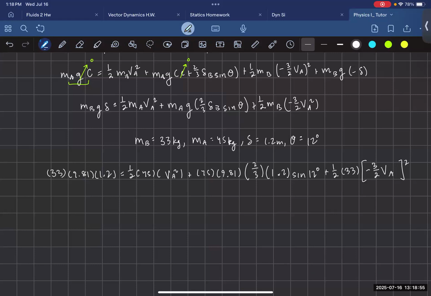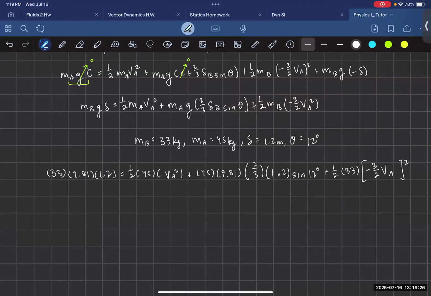So times x squared plus 45 times 9.81 times 2/3 sine 12 plus 0.5 times 33 times 3/2 x, well, this gets squared.